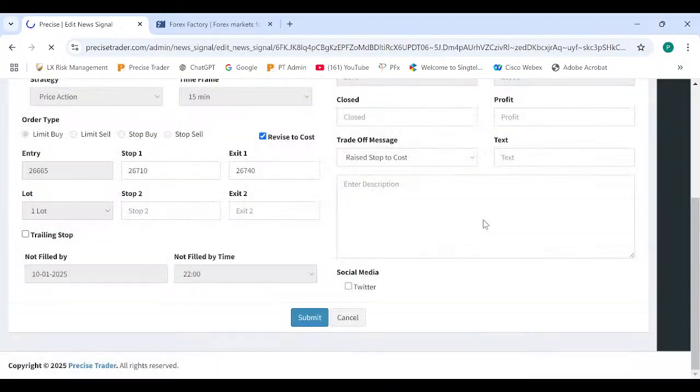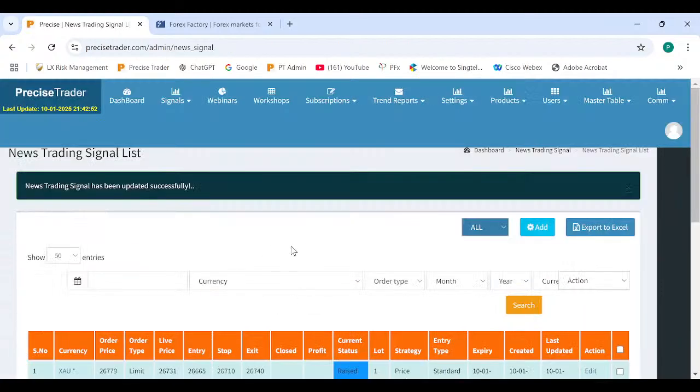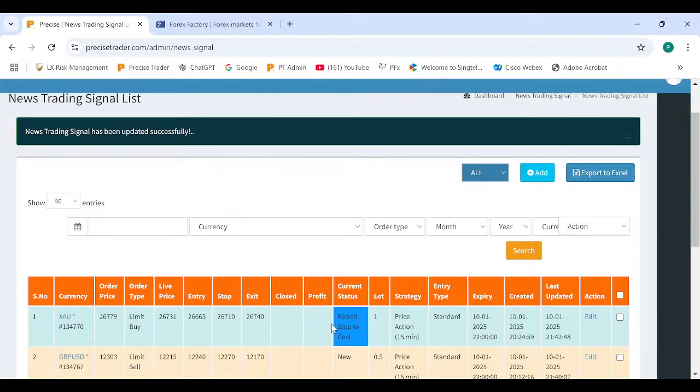It's up to you to decide whether you want to do the same thing. I'm trying to close at 74, and I've raised my stop to 71. That means I'll be making 50 pips minimum and about 75 pips profit.